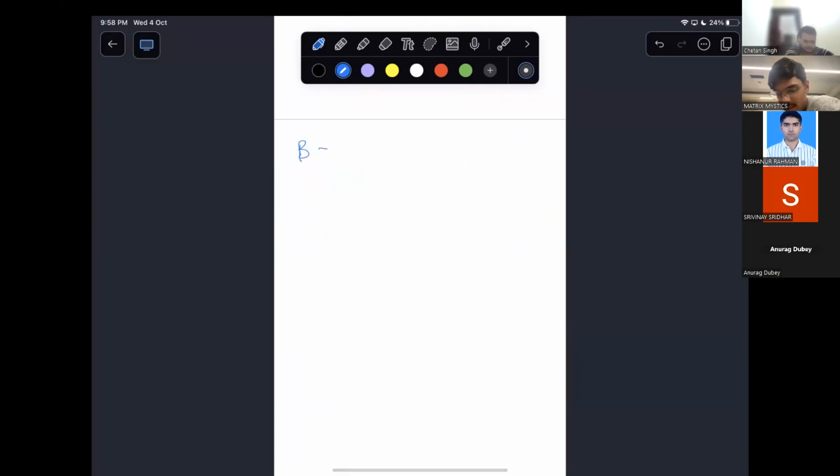Let's say B is equal to the matrix 1 0, 0 2. This might be a little easier to understand. We'll have our input plane as red and our output plane as blue.